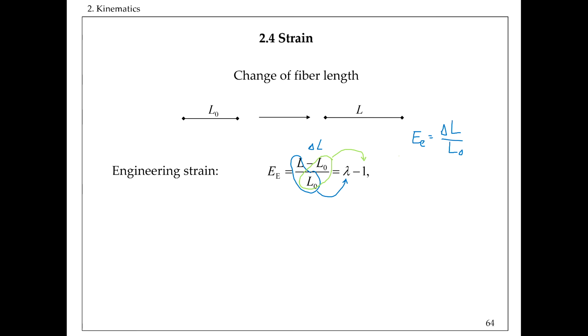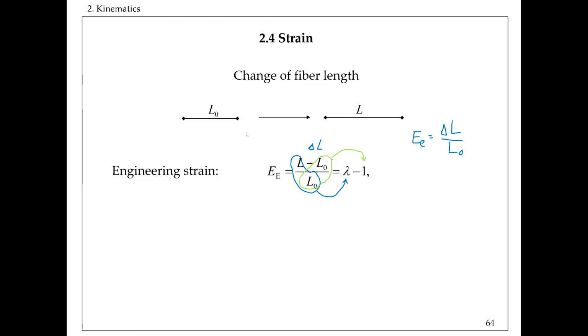Now this is one straightforward definition of strain. We measure the length, we measure the change, and we just divide and say, okay, we have some measure of strain. That was standard, that was used before.